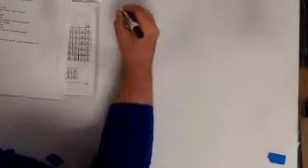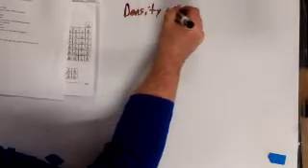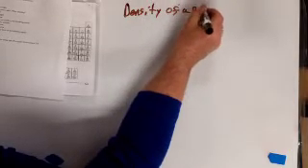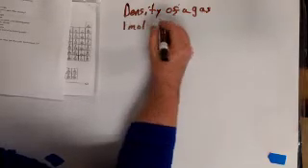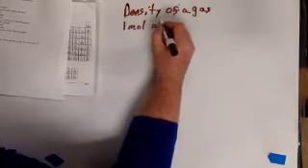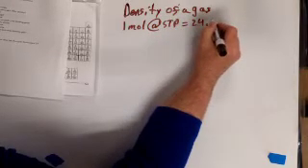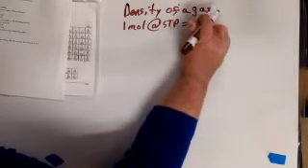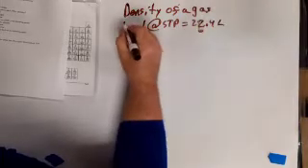All right, so let's say we want to find the density of a gas. Okay, remember that 1 mole at STP is 22.4 liters for gases.